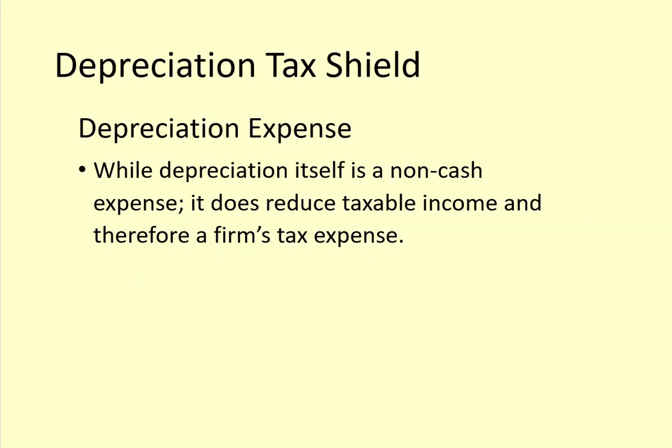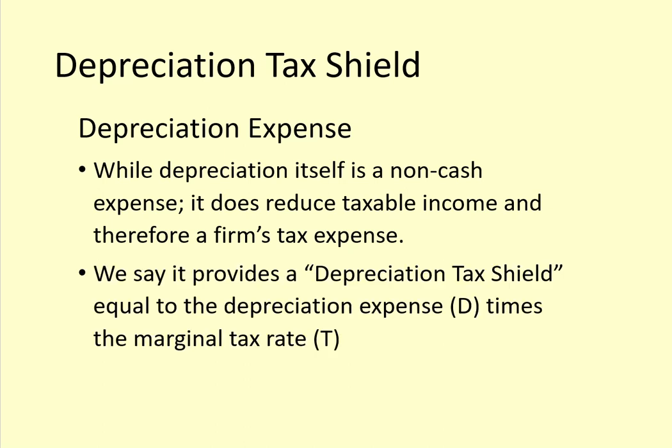Next, we want to consider what we refer to as a depreciation tax shield. When we take depreciation expense on a project, the depreciation expense doesn't involve a cash outflow. It's a non-cash expense. It does, however, reduce our taxable income and therefore will reduce our tax expense.